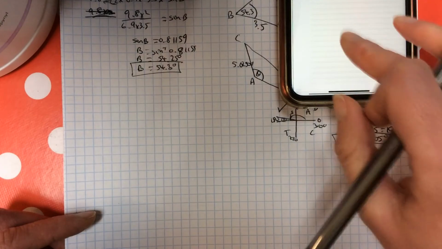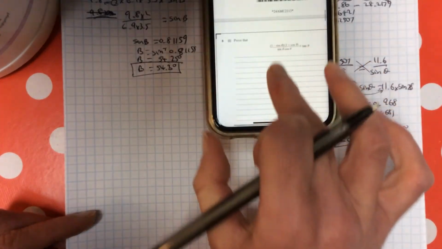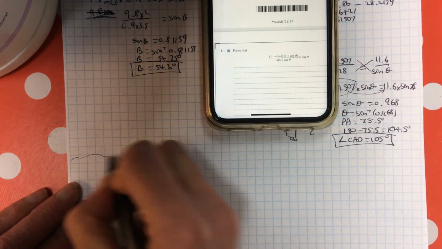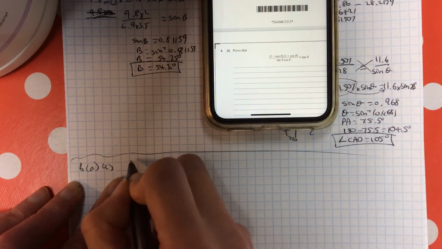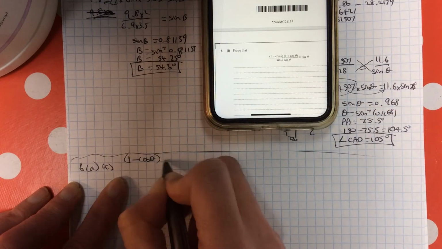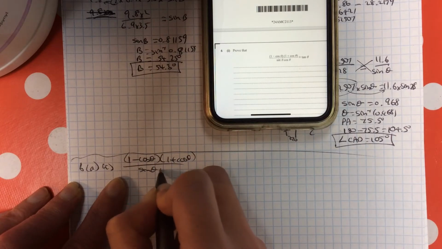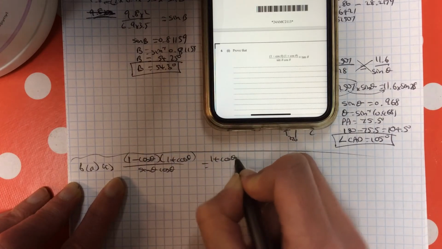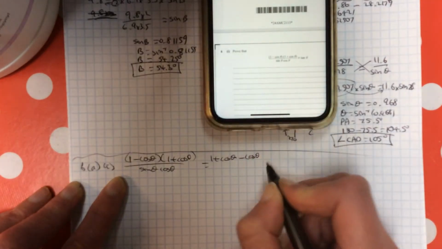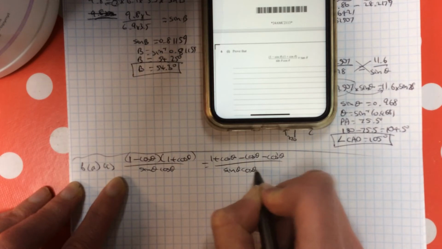Another question from that paper is question 6. If I just scroll down to find it. So 6A, quite a straightforward one. Prove that this equals tan. So if you write out the expression they give you, times out the top line, so 1 plus cos minus cos squared all over sine cos.